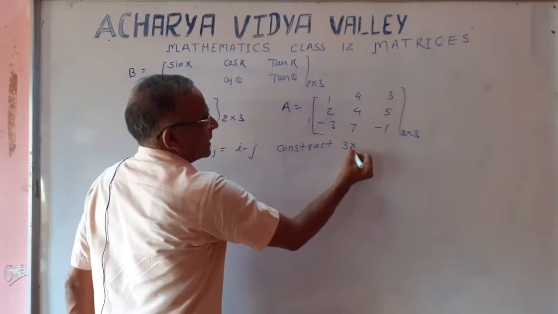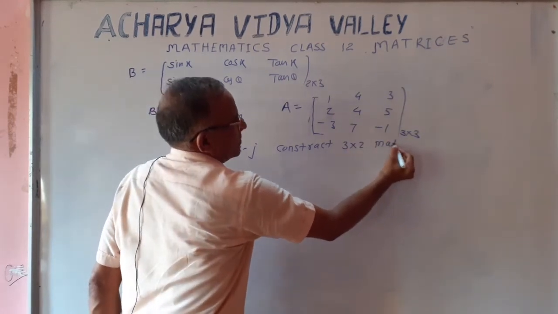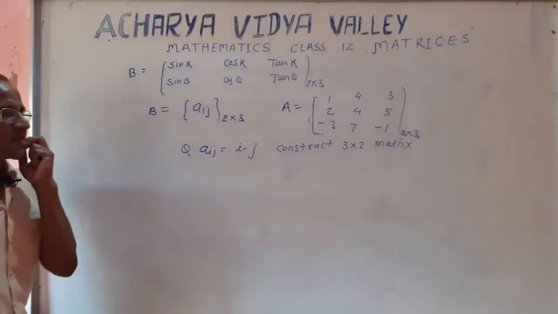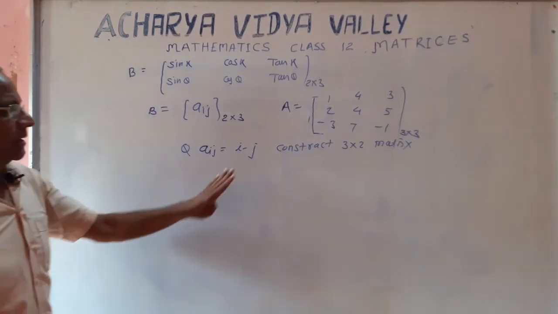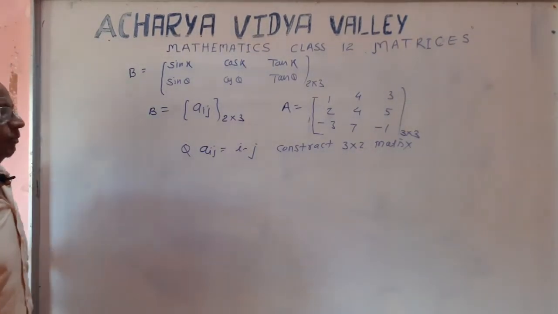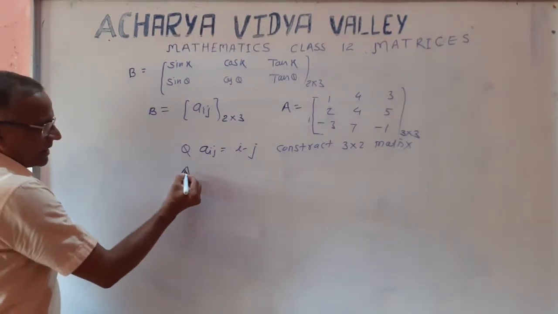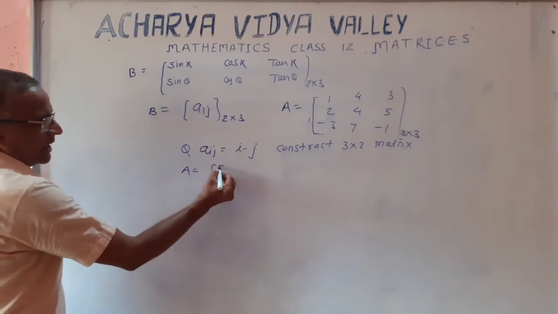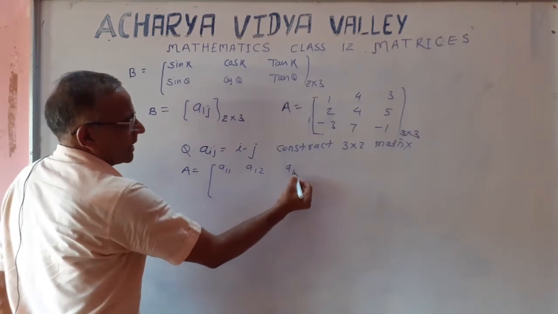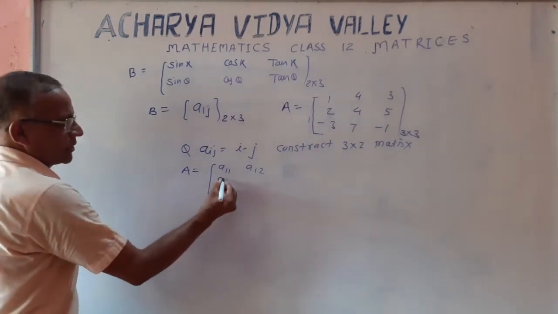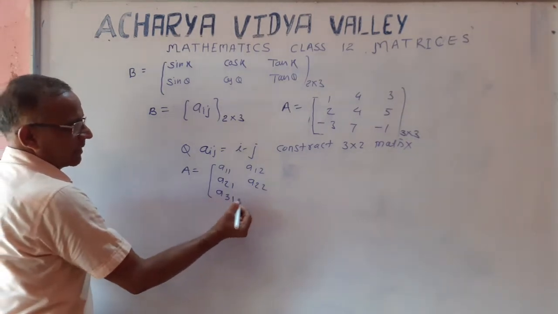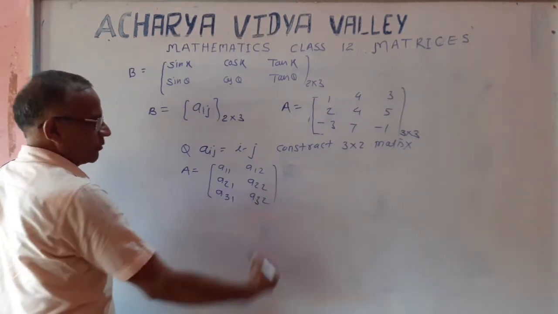Construct a 3 by 2 matrix, meaning the number of rows is 3 and the number of columns is 2. तो A matrix: A11, A12, A21, A22, A31, A32.